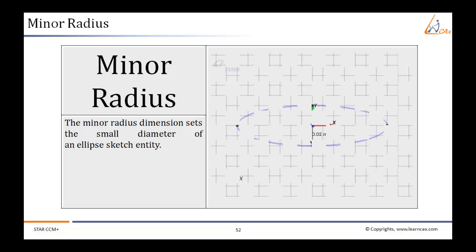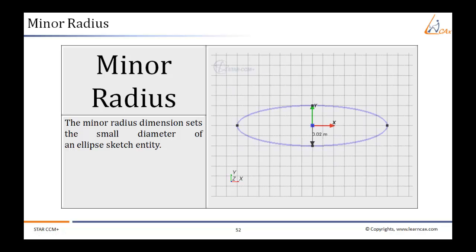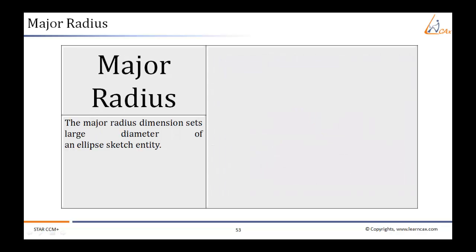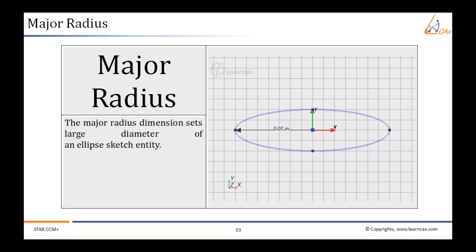It will specify the small diameter of an ellipse entity. The same is shown in the figure. The major radius option sets the major radius of an ellipse. Again, it is used in case of an ellipse. The example is shown in the figure.